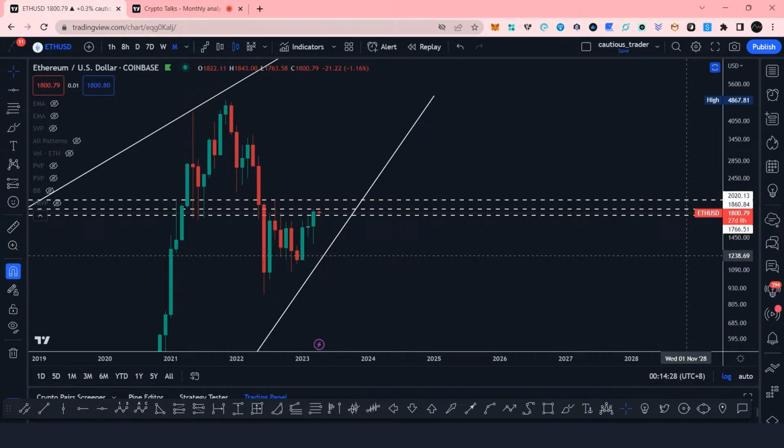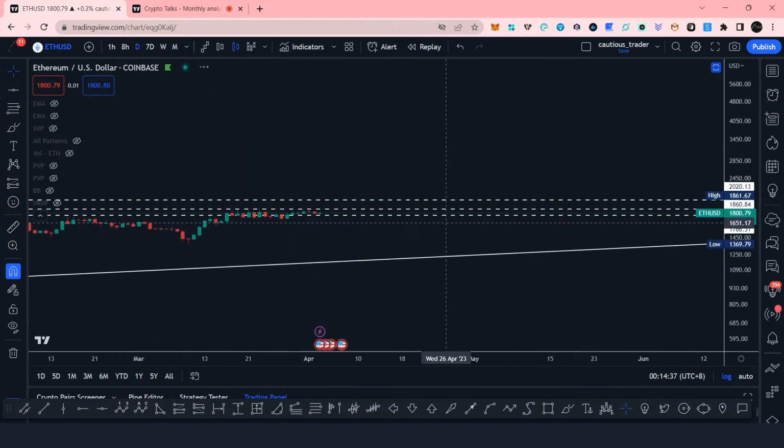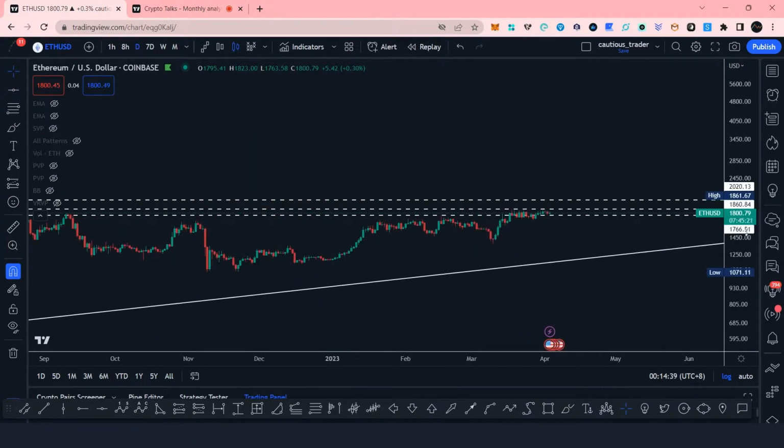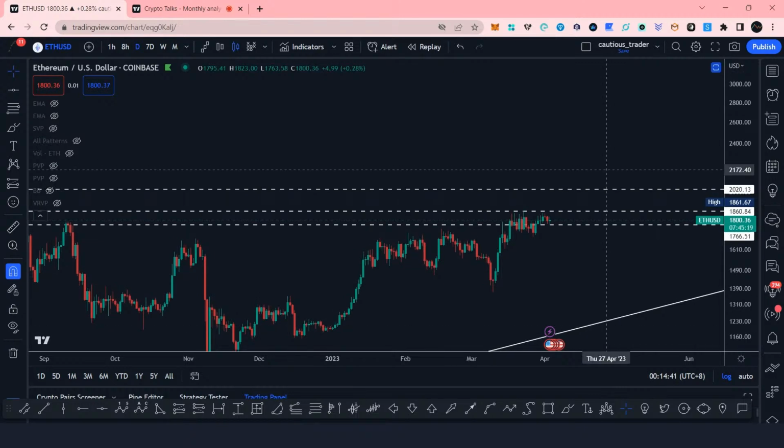Once it breaks that 1,860, then I'll go long, target $2,000, and I'll put a stop loss close to that doji. Di ba? I think that's it for Ethereum. Anyway, if you have some chart requests, feel free to ask. Else, I'm gonna end the stream.